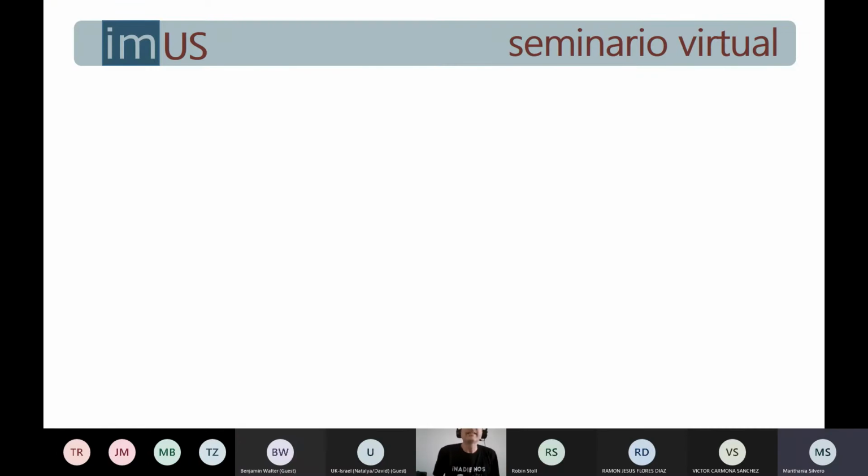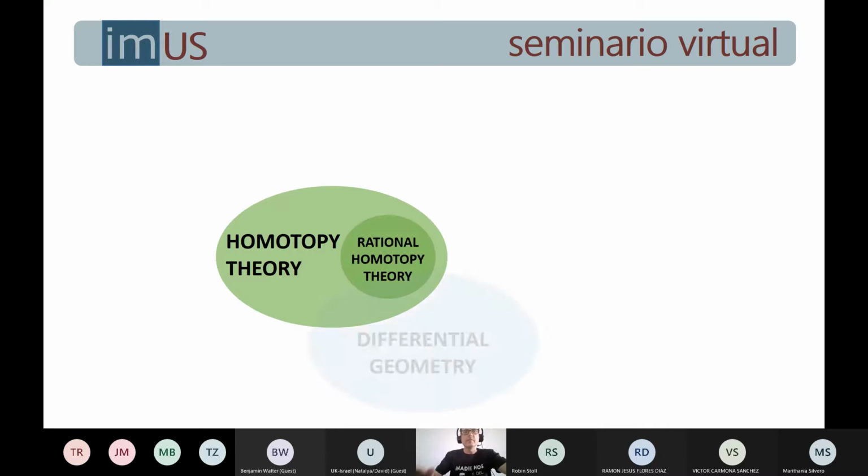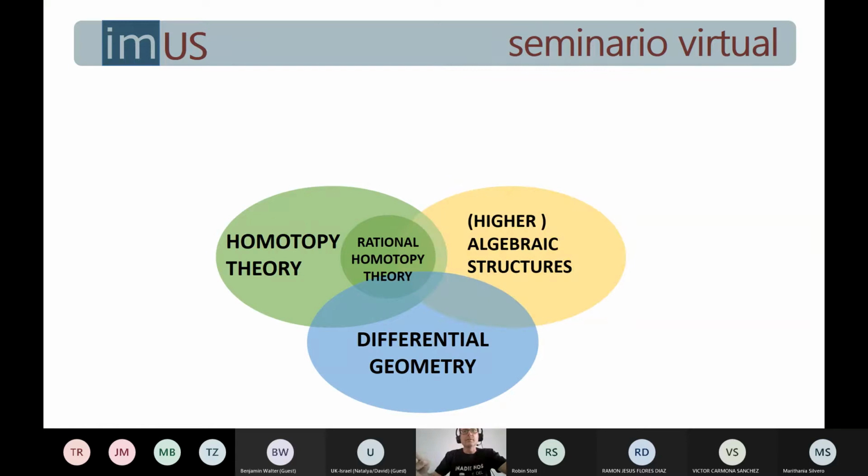So this is a kind of course in rational homotopy theory and infinity structures. Rational homotopy theory is a subfield of homotopy theory, which has some intersection with differential geometry and also with higher algebraic structures.